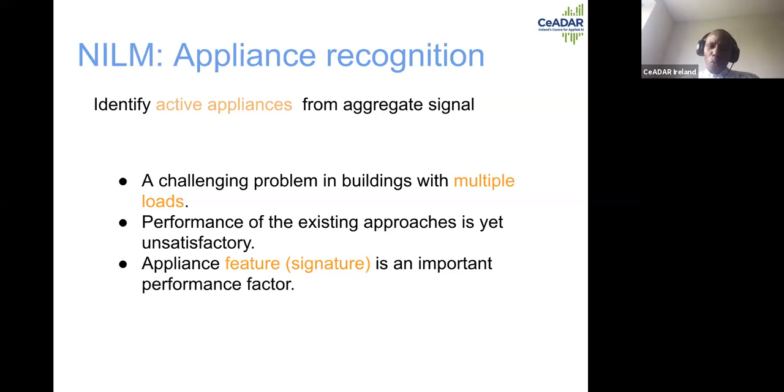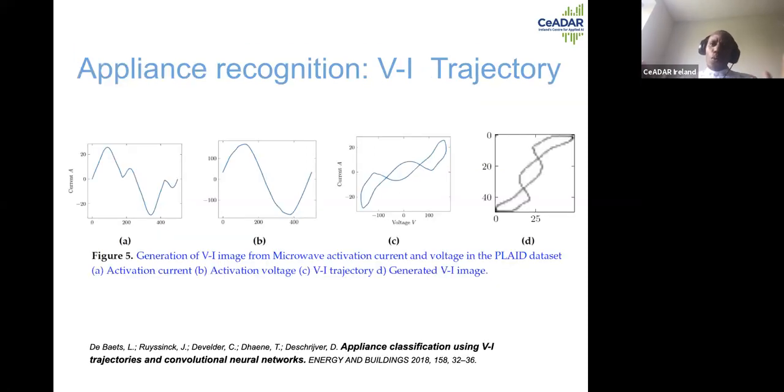So what has been done? One approach which is popular and has shown some success is transforming the current and voltage signal of a particular appliance into an image-like representation, and then using advanced machine learning techniques like convolutional neural networks to do recognition. Basically, this approach uses the voltage-current trajectory.